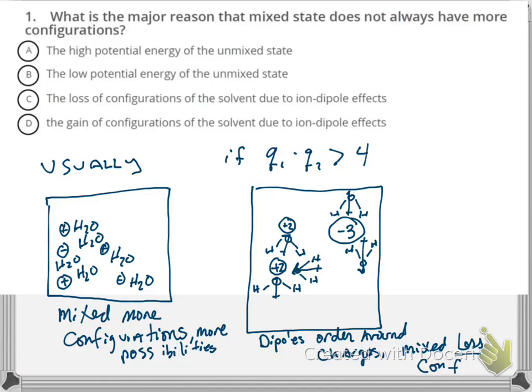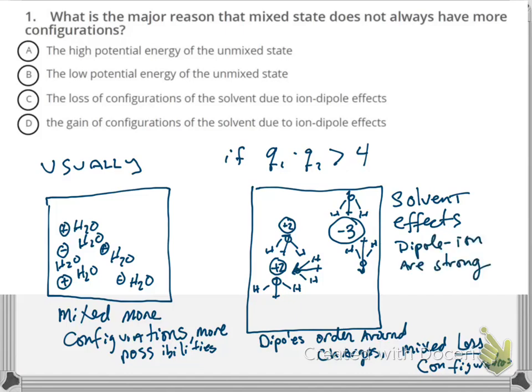And this overall effect causes fewer configurations in these high charge ions. And so the answer to the question, what's the major reason, is that the solvent effect, the solvent due to its ion-dipole interactions, is so strong that it loses configurations, and so water is more ordered.